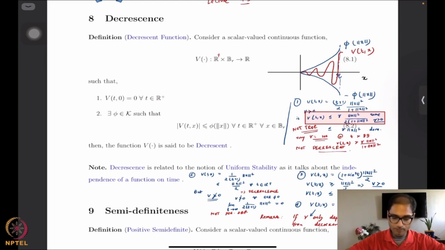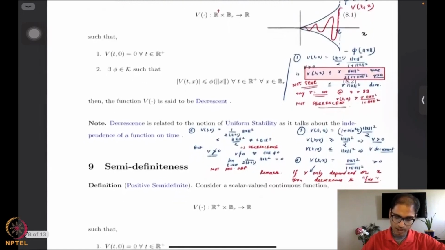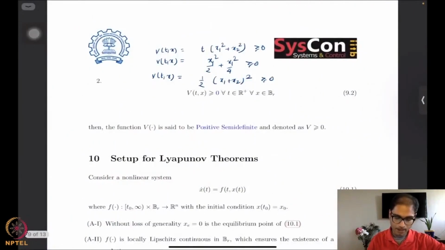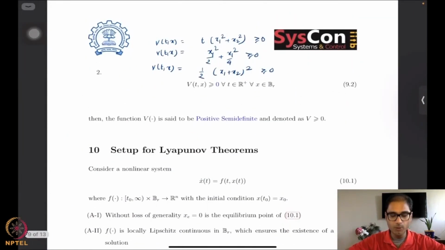Yeah. And of course, in the end, we also saw the most basic property, which is semi-definiteness.